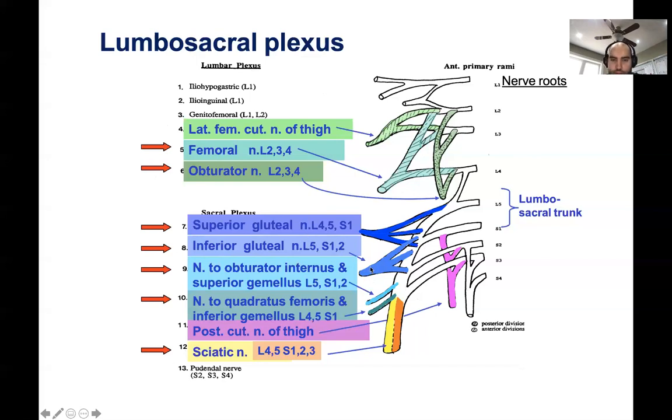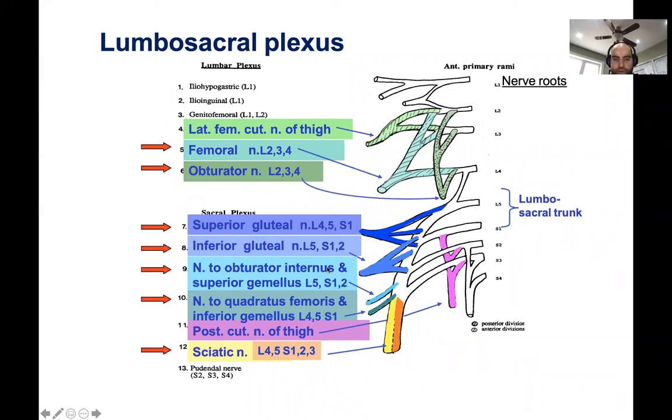The inferior one has origins from L5, S1, and S2, if you look at where the branches come from. Okay, now, we have the nerve to the obturator internus and superior gemellus, L5, S1, and S2 origins. And this nerve is basically named based on the muscles it innervates.